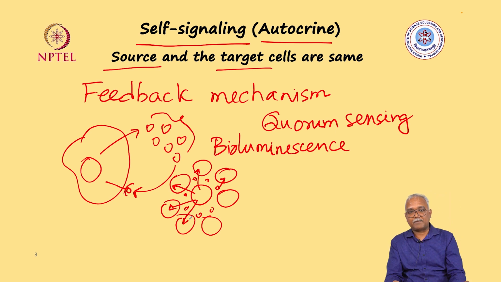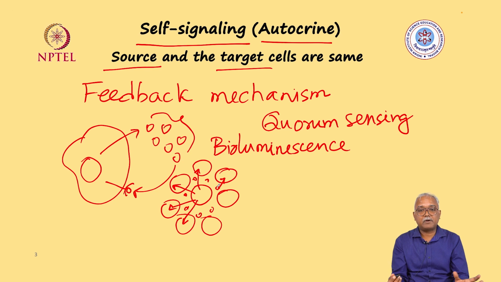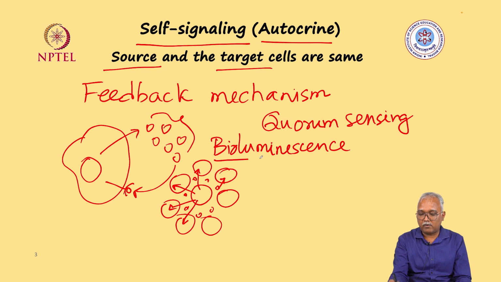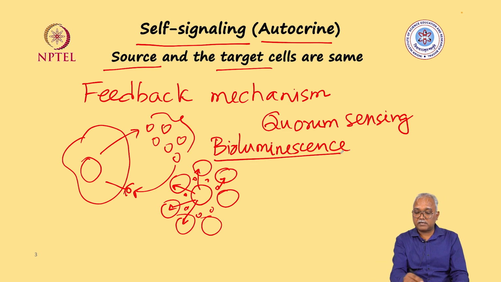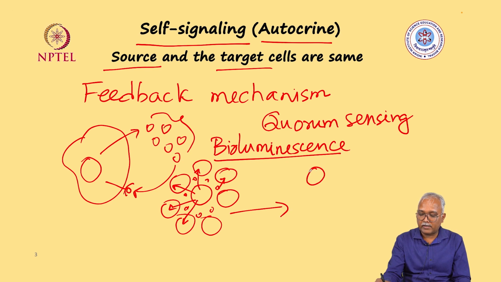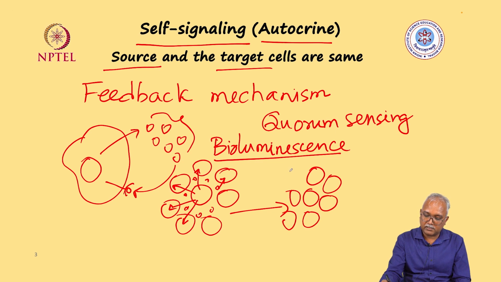In this case, if the signal amount is less because the number of cells is less, you would not see the phenomenon of bioluminescence because the signal produced by them does not cross the threshold. Now consider a scenario where suddenly you have a huge amount of signal present around them.